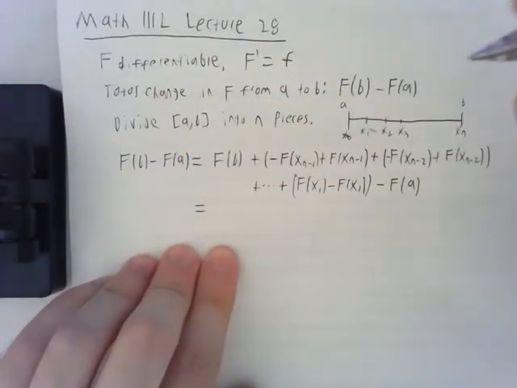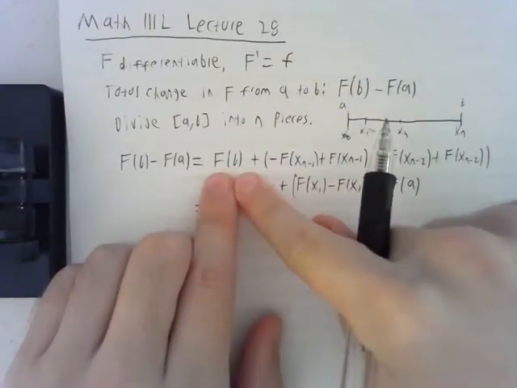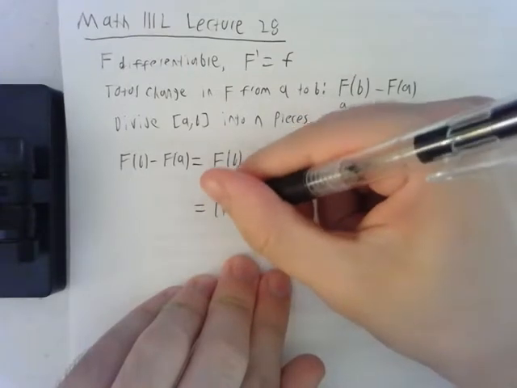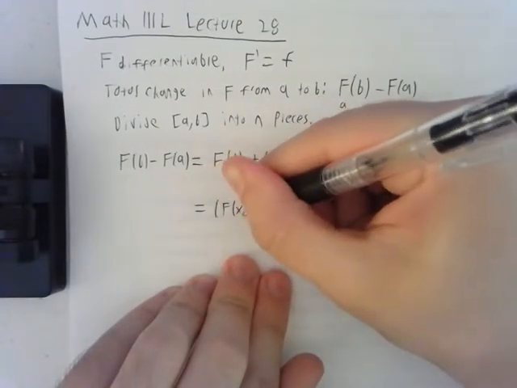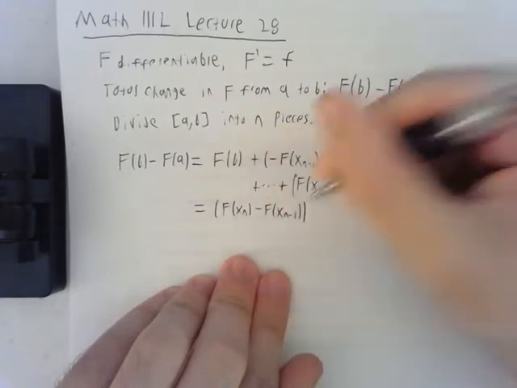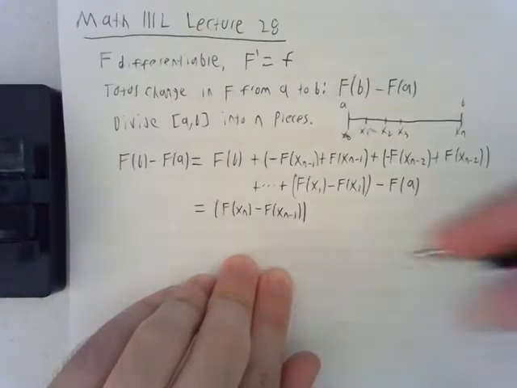Now, it may not be obvious why I'm doing this, but I can rearrange these terms. So I'll have F of b minus F of x sub n minus 1. I'm going to rewrite F of b as F of xn. Then I have plus F of x sub n minus 1 minus F of x sub n minus 2.